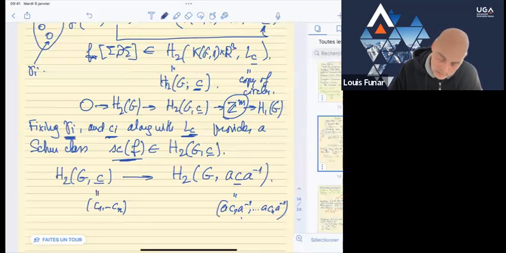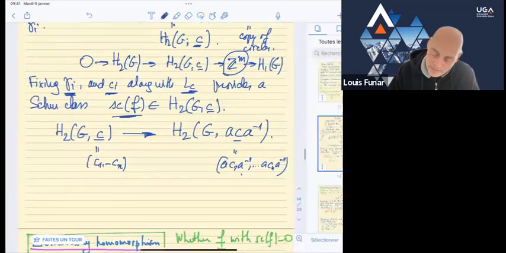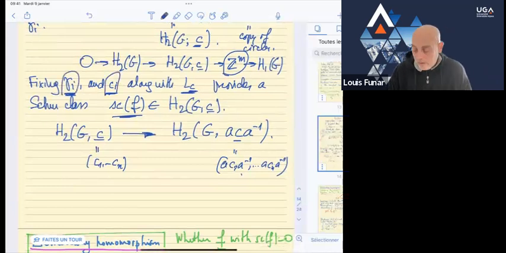And these two are not exactly the same group. I mean, they will be isomorphic, but they have to be identified if you want a coordinate-free description, which does not depend on the choice of gamma I and Ci.